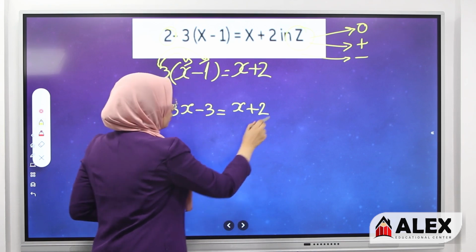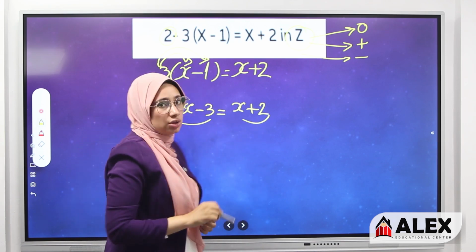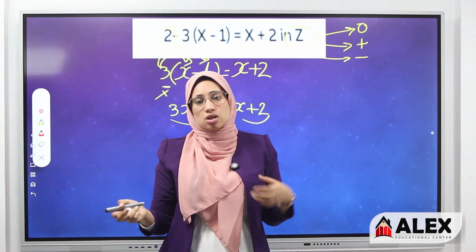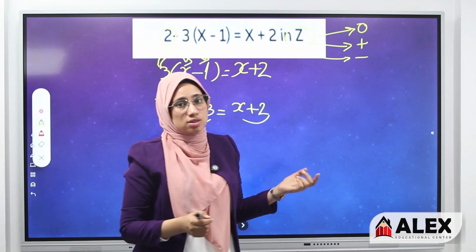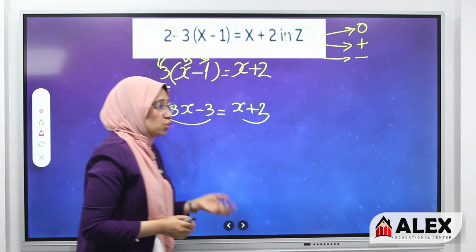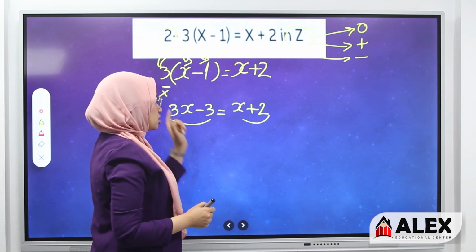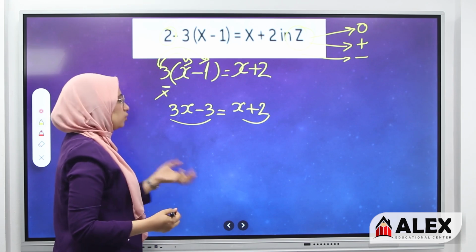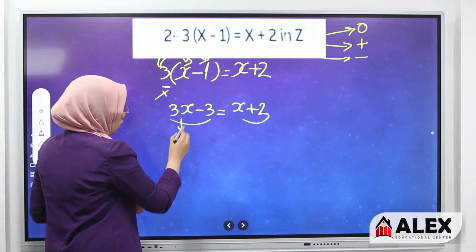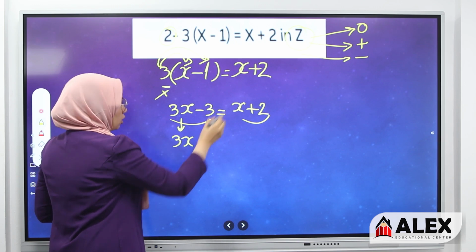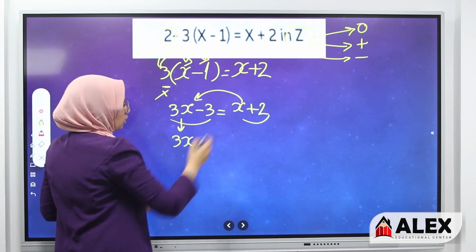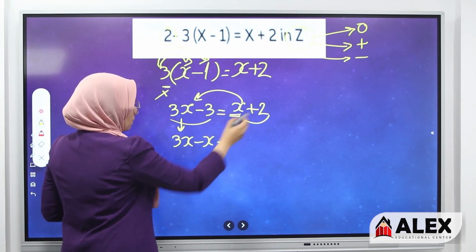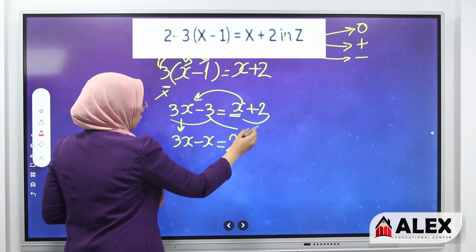Then here we have x and we have x here. We have a problem. We have two sides, left hand side and right hand side, that both have x. To give the value of x, we put x with x and number with number, by the inverse of operation. I write here 3x, and bring the x over, positive x becomes negative x, equal to 2.